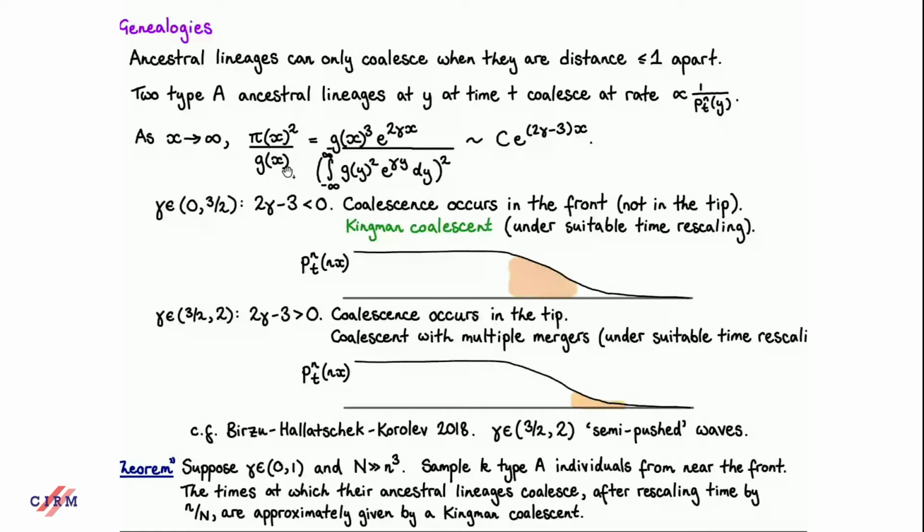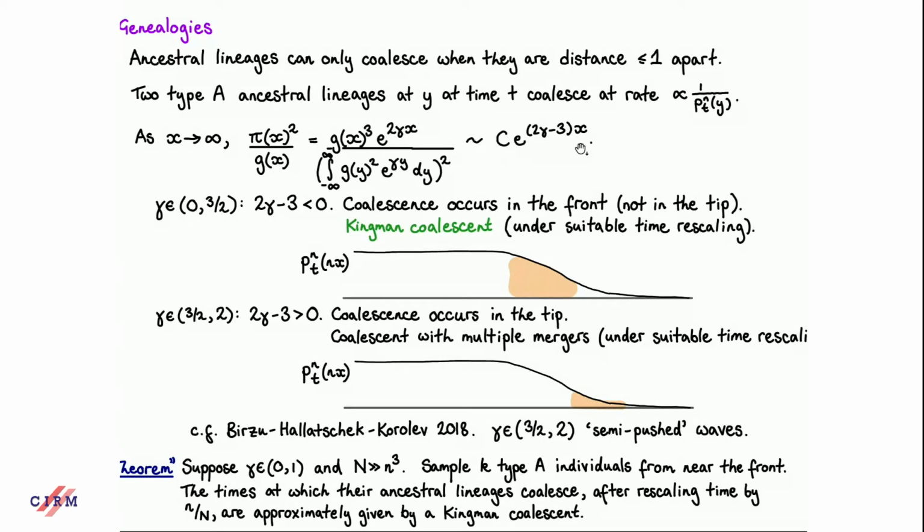And if we plug in what pi of x is, then we get that this is g of x cubed times e to the 2 gamma x divided by a constant. And because g of x goes like e to the minus x as x goes to infinity, this goes like a constant times e to the (2 gamma minus 3) times x.